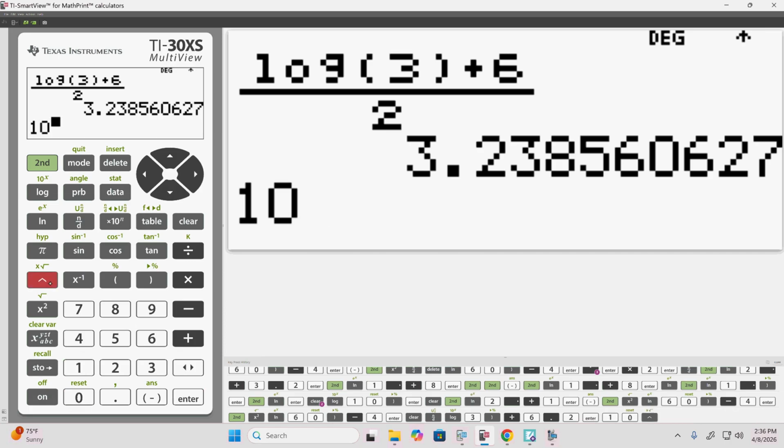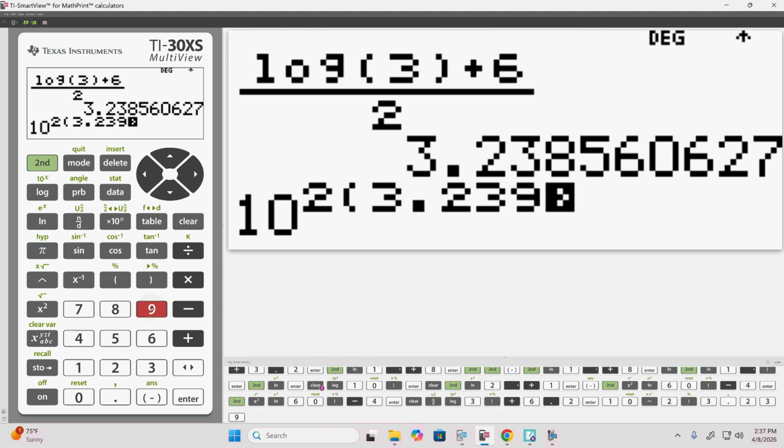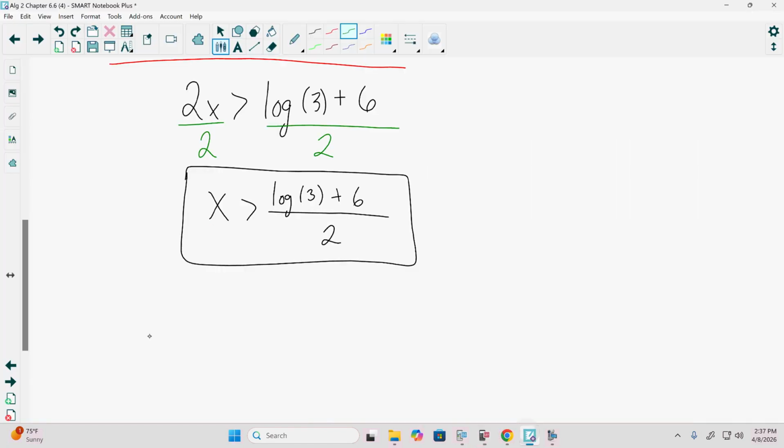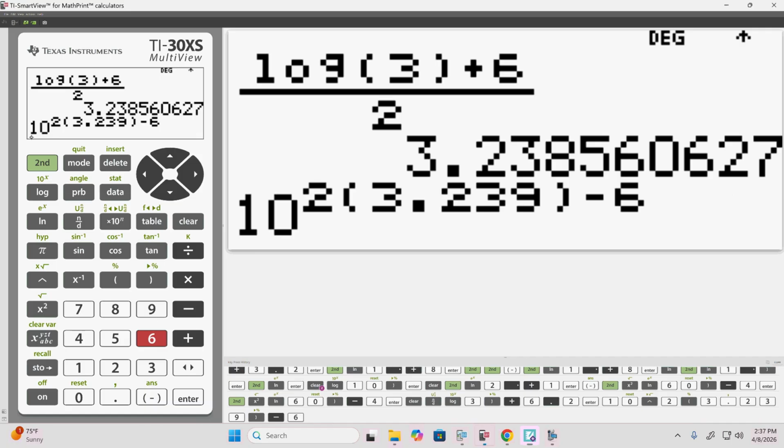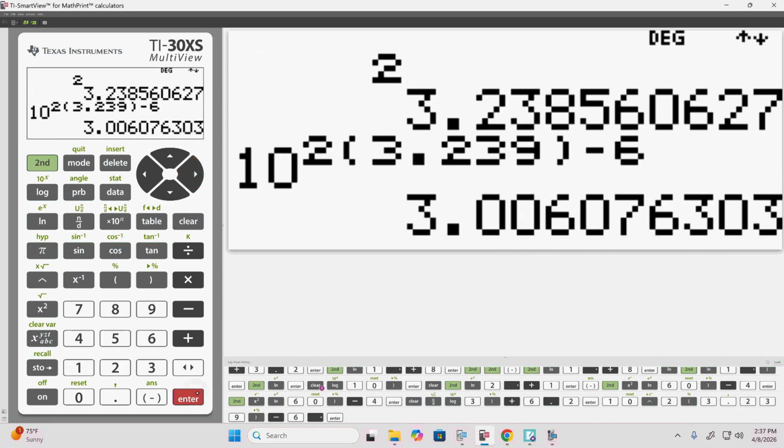And our starting equation was 10 to the 2x minus 6. 10 to the 2 times our 3.239, that's our value we're using for x, minus 6, and we said this should be greater than what? 3. Do we have a value bigger than 3? So that works.